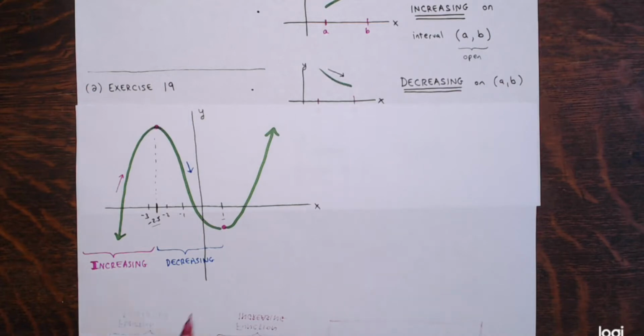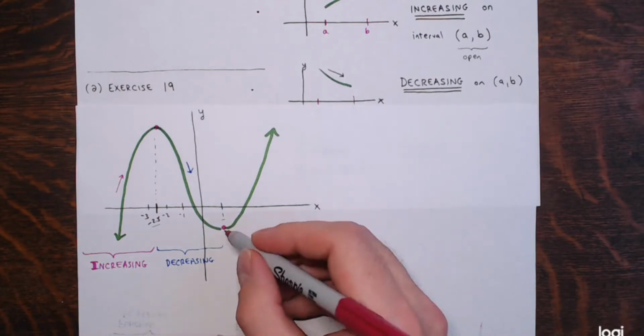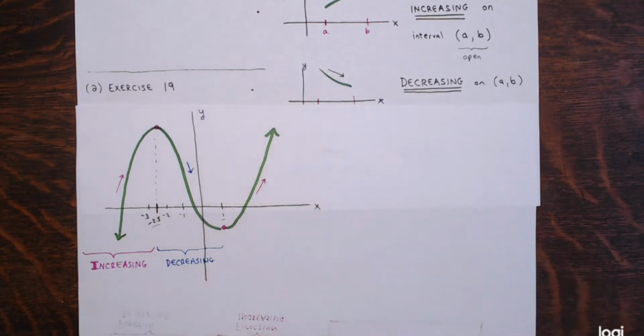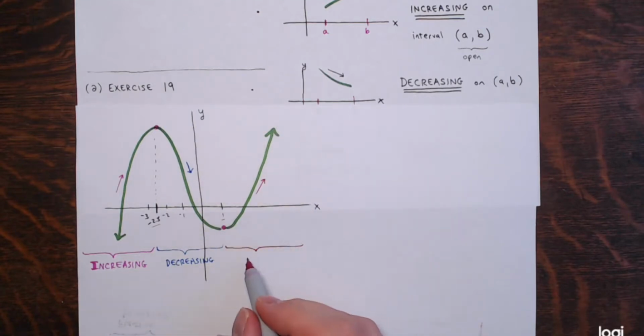And then from that point underneath x equals 1, the bottom of this valley, left to right, the y values are clearly going up. The function values are increasing for the rest of the way. From x equals 1, and there's an arrow going up forever, from 1 to infinity on the x-axis, the function is increasing again.